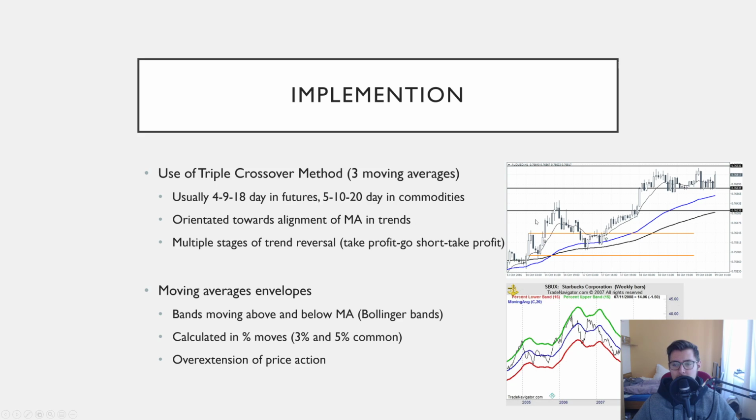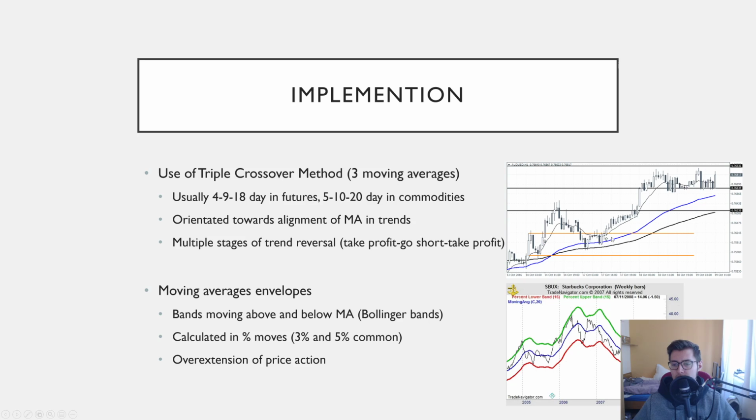So the difference from the double crossover moving average is that you now have 3 moving averages, and you can, for example, have this closer one sticking to the price, and this is also to your preference, of course, how you want to use them. But for example, you could use the shorter term moving average for signaling trend changes very fast.